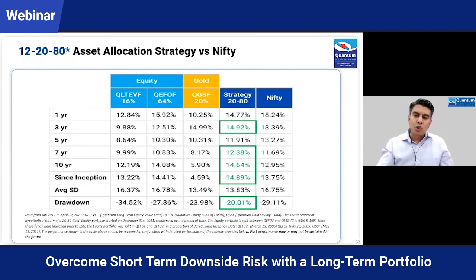Like this example shows, if you were to follow the 20-80, despite the falls that we have seen in markets, despite what happens on a macro level, despite the economic scenario changes, from an investor standpoint it is sometimes difficult. You can let the fund managers navigate their funds. You will be adequately allocated and diversified, and that will take care of the ups and downs that you see in markets.